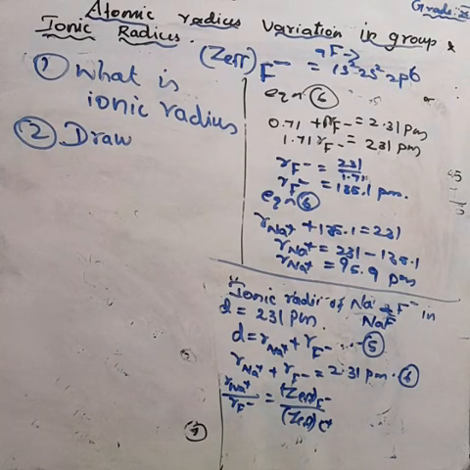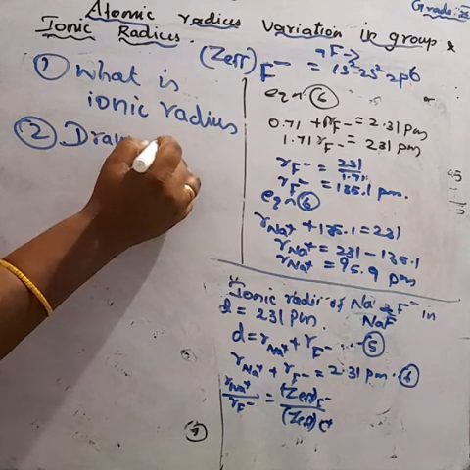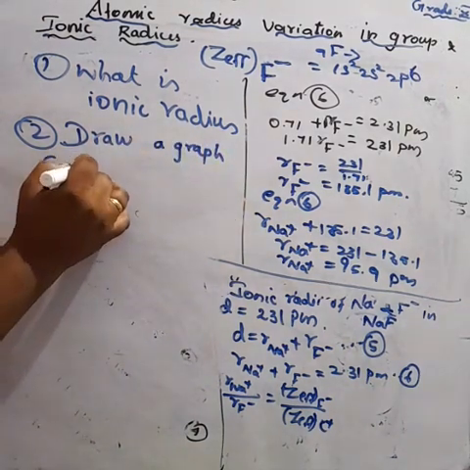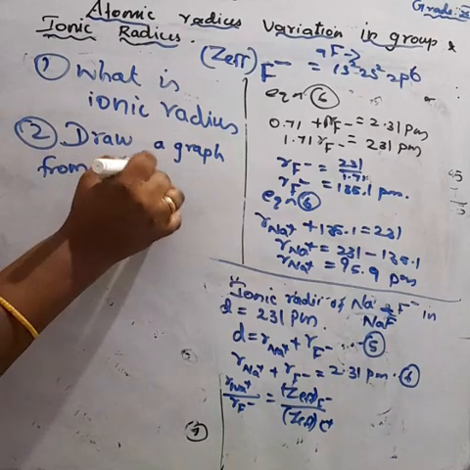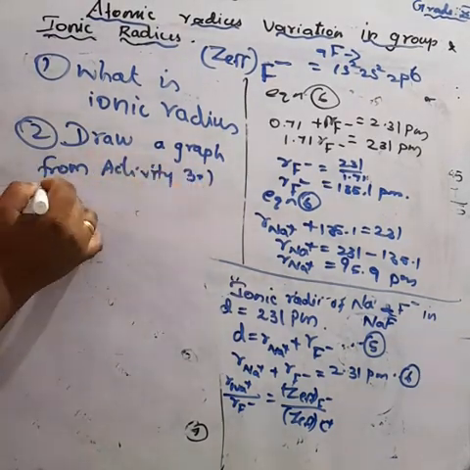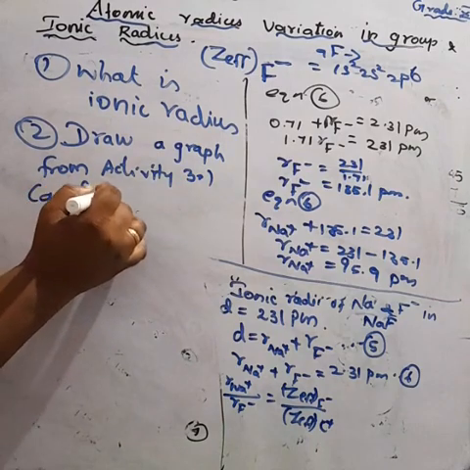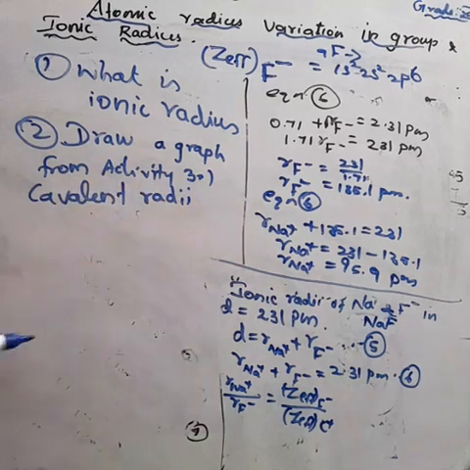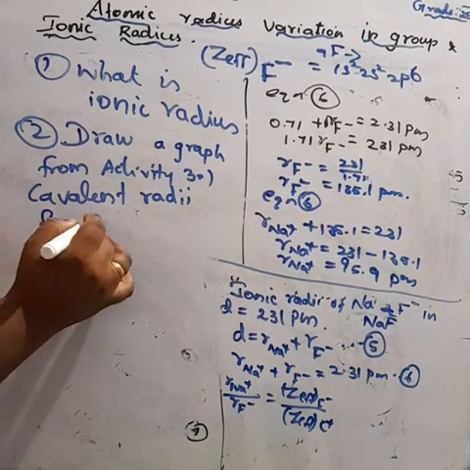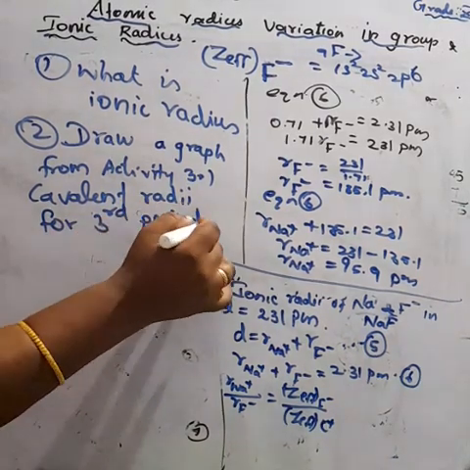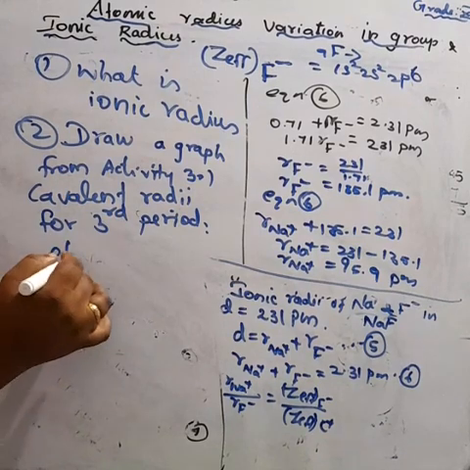Draw a graph from activity 3.1, that is the covalent radii for the third period elements. If you have the book, take your book now.